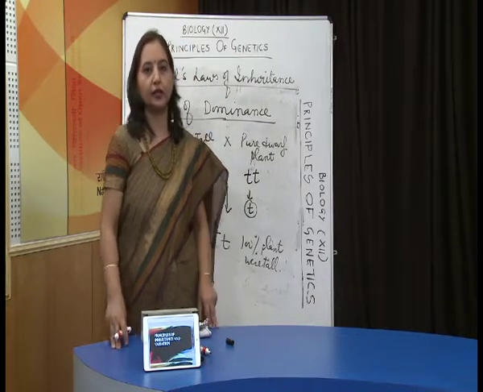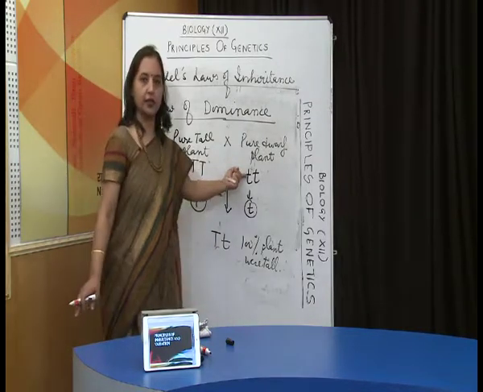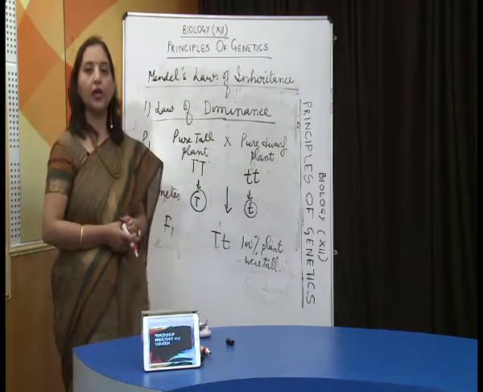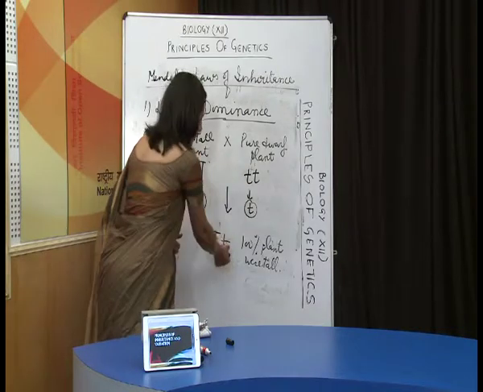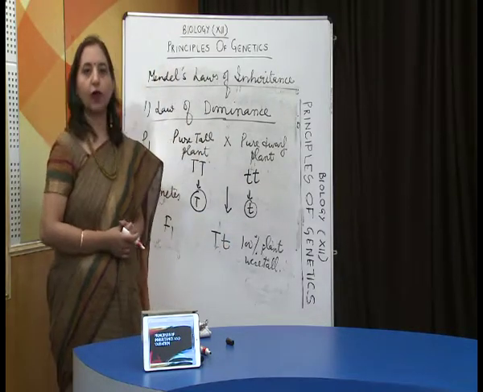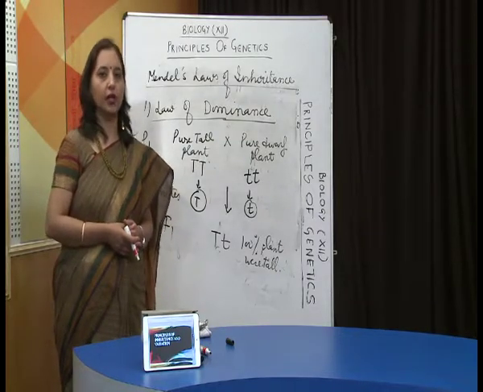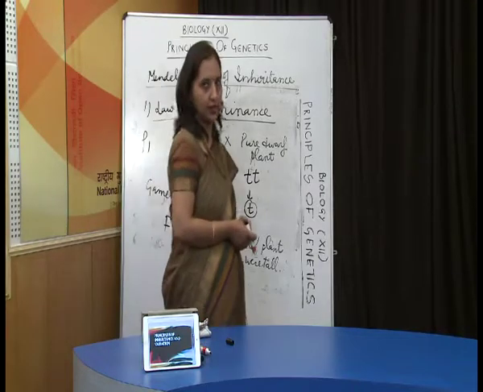We can define it in this manner. Out of 2 contrasting pairs of characters, only one appears in the first generation, and that is said to be dominating. The other one, which does not show in the first generation, or which remains hidden, or whose effect is masked or covered, which is not expressed, that's called the recessive trait.